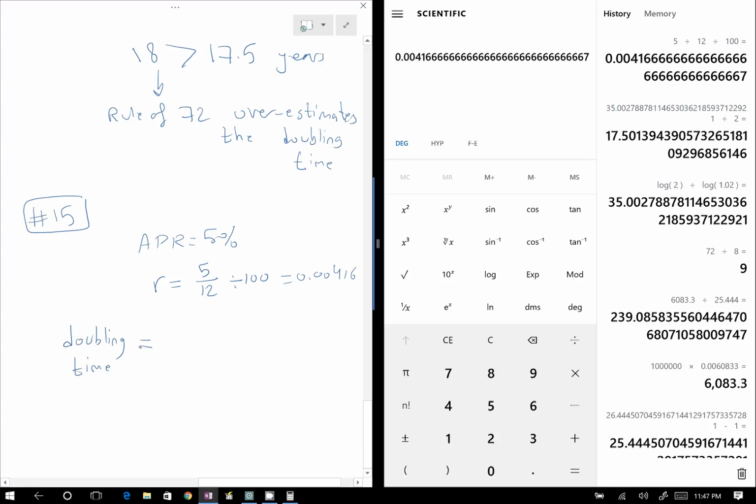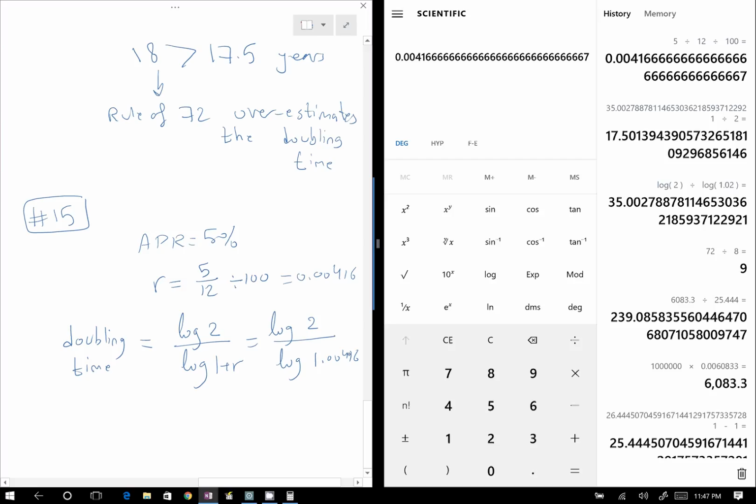Doubling time is equal to log 2 divided by log of 1 plus r. Log 2 divided by log 1.00416.